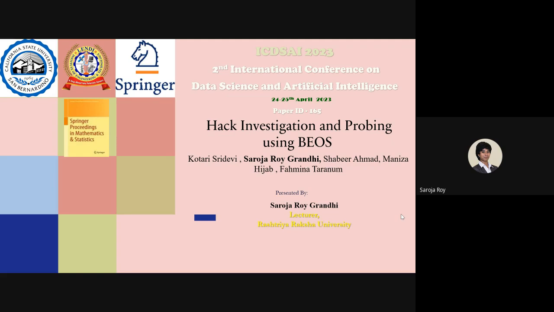This particular system, the Brain Electrical Oscillation Signature, is developed as a forensic investigative tool based on the EEG system.